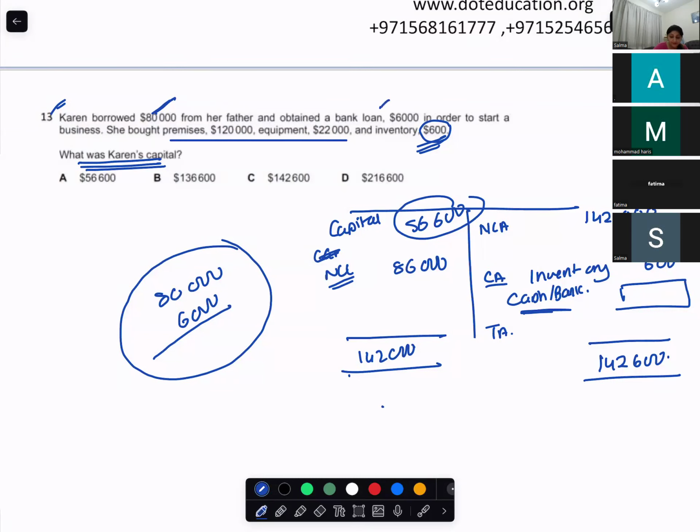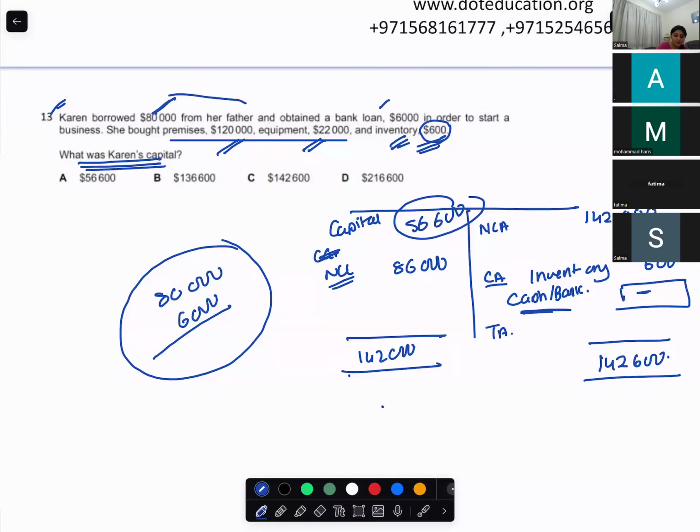We received money of 86,000, but you will not put it in the cash bank because what you have used to buy all these things is much more than the cash that you have received. So you will not write that.